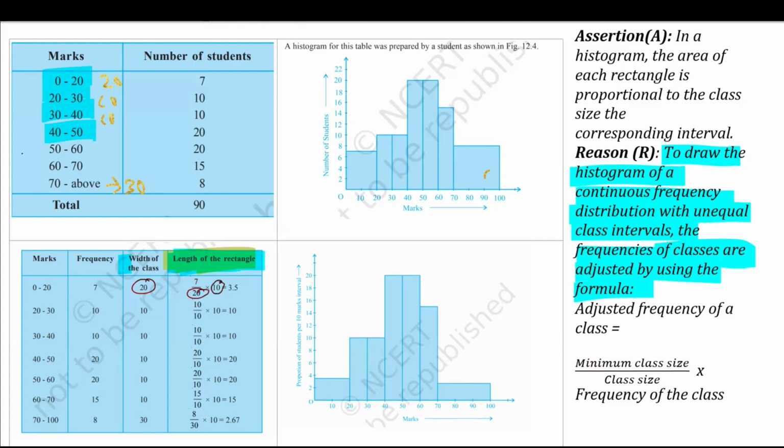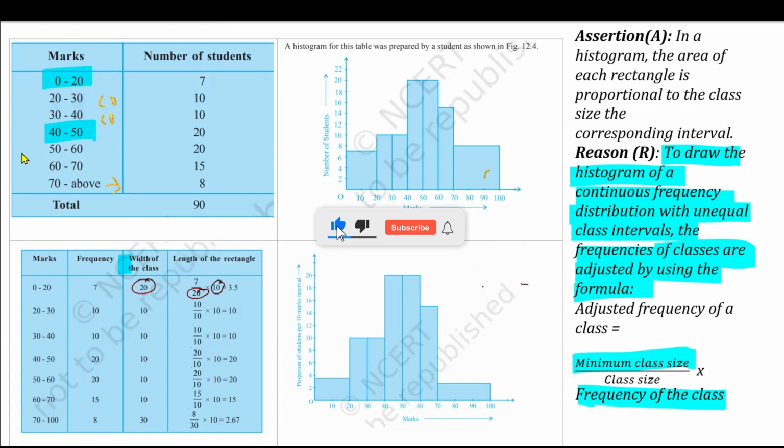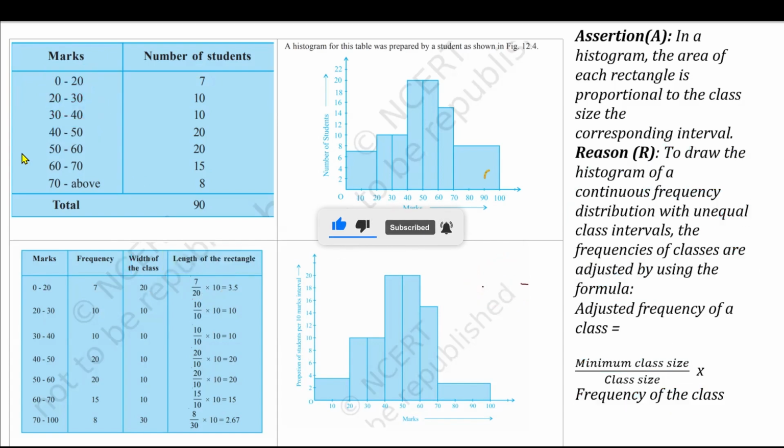If I replace these two, they are going to be the same. Whether we write the minimum class size over here into frequency, or frequency over here and minimum class size over here, that's all the same. So we'll say that here the reason is correct, but the assertion is wrong. That's what you have to remember.